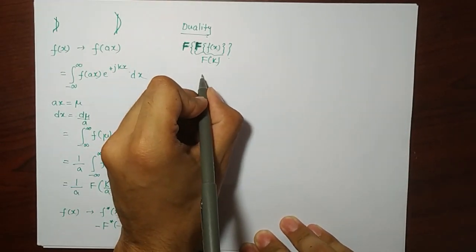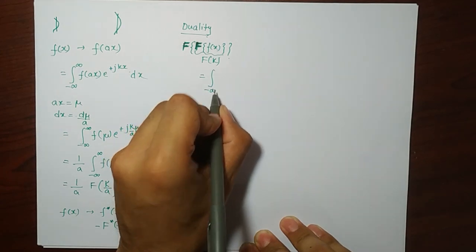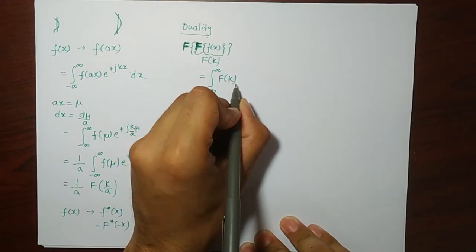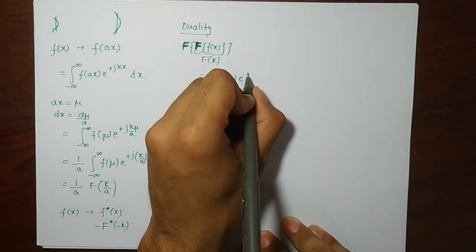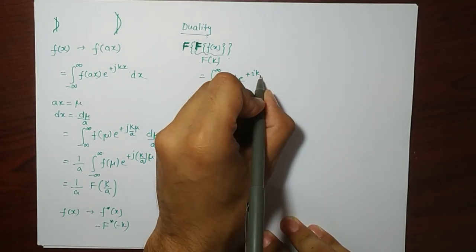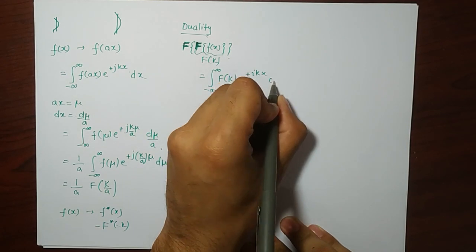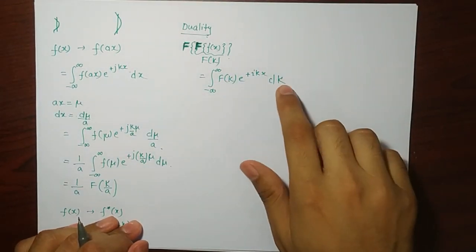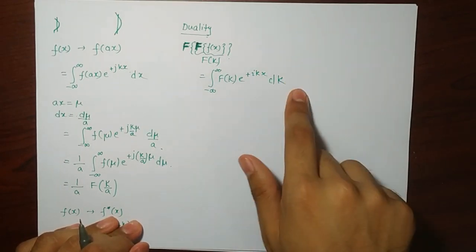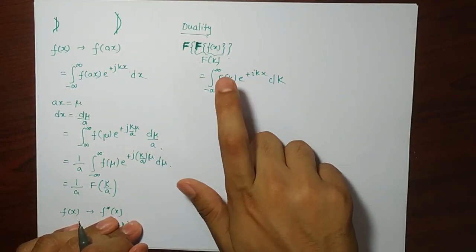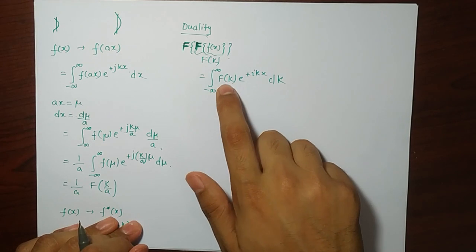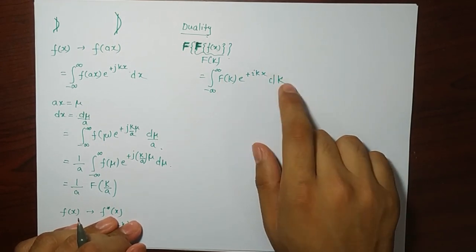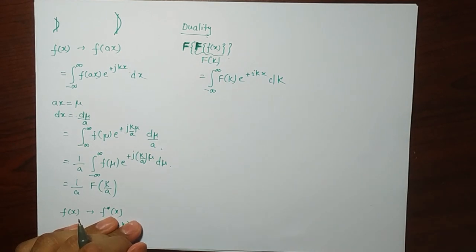What you can do is push this into the formula: f of k e to the power plus i k x dk. Please remember this is dk, because whatever the variable is, it has to be the same here if you are doing the Fourier transform.